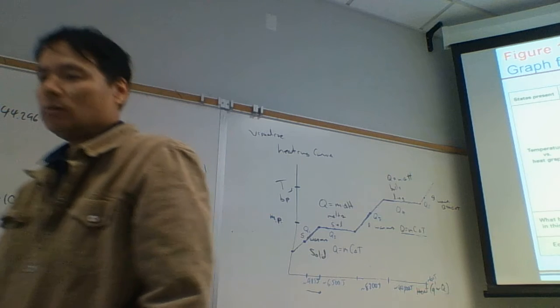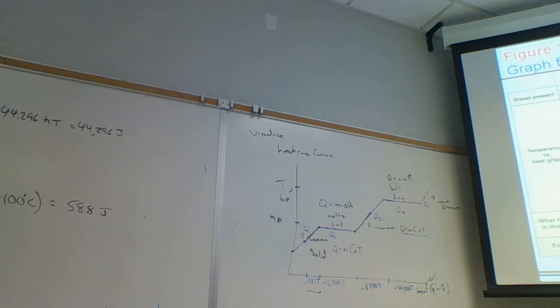This is why steam takes a lot of energy to boil. That means it takes a lot of energy to condense. And steam burns are some of the worst burns you can get because there's a huge amount of energy involved in condensation as well as vaporization. And so steam burns versus liquid water burns are like 4 times more energy. 4 times more energy means 4 times more burn, basically.